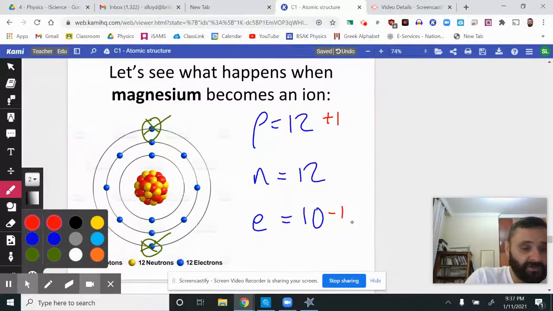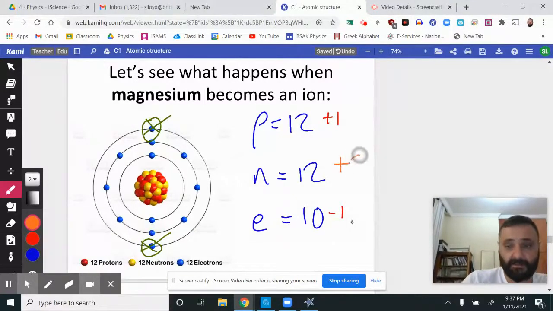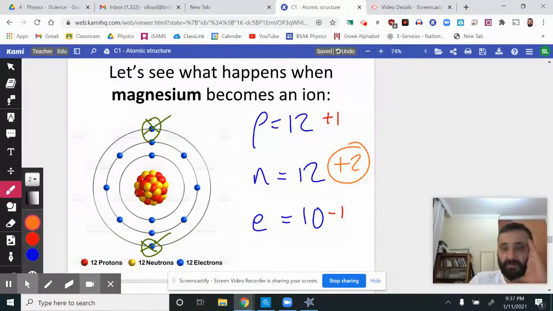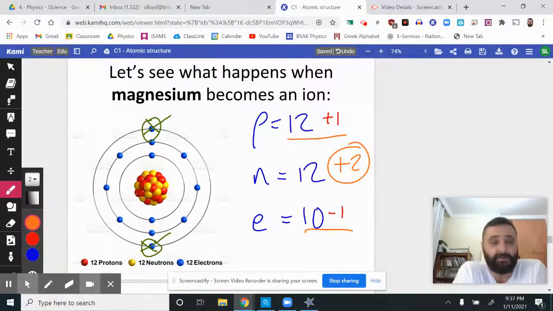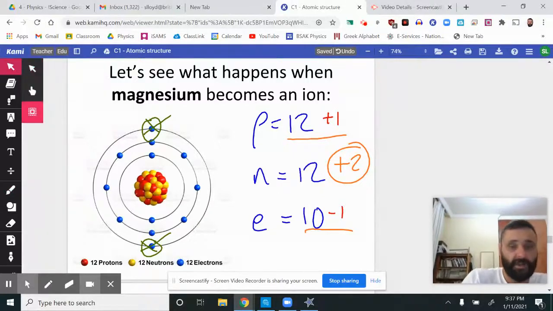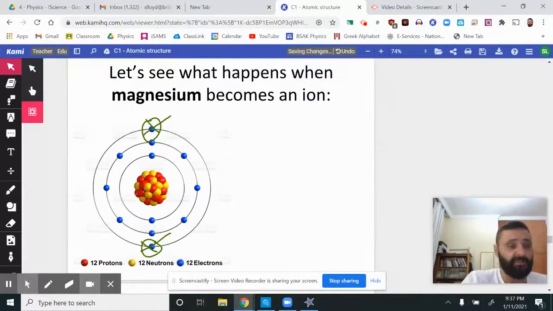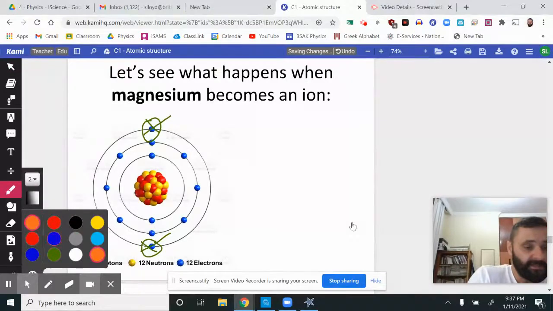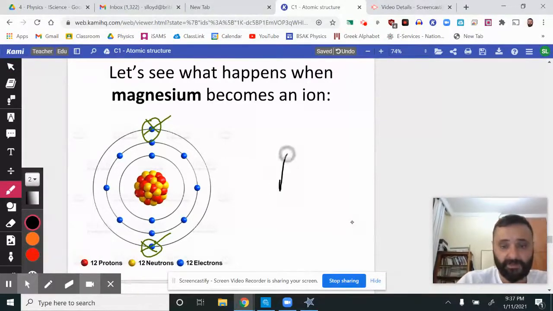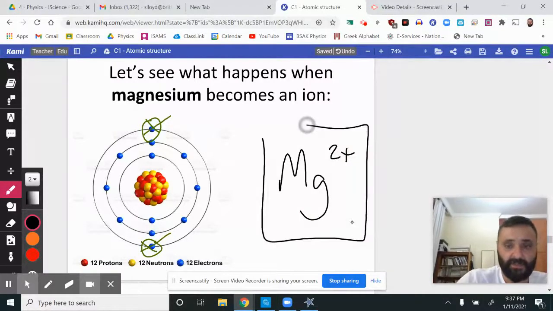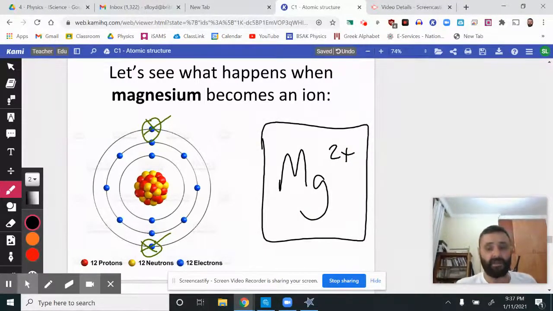The overall charge is +2 because we've got 12 lots of +1, 10 lots of -1. Okay, the overall charge is +2. So the way to write the symbol for that is, this is magnesium, so it's Mg 2+. So that is the magnesium ion. Okay.